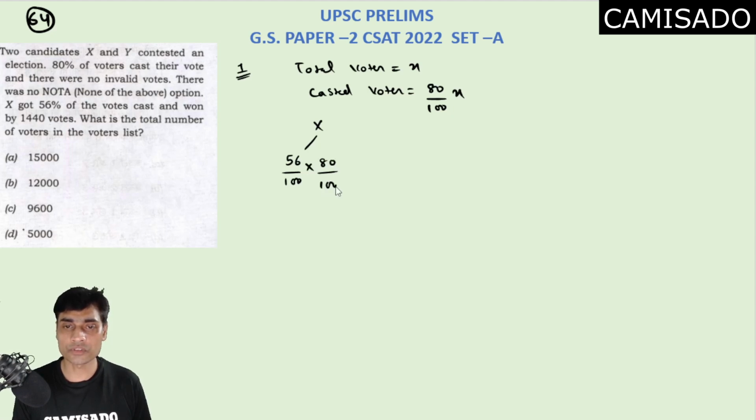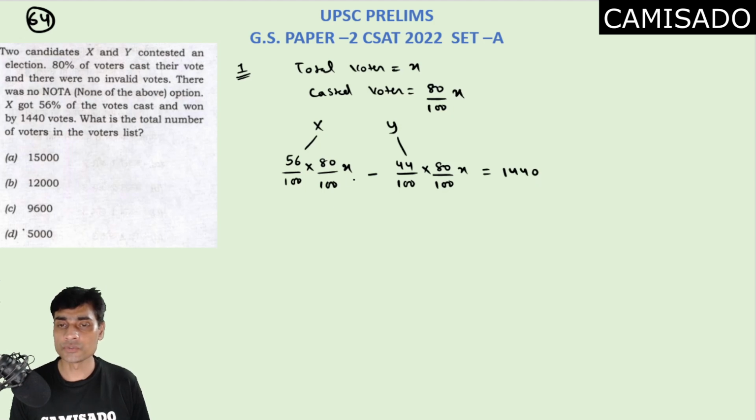And y has got the remaining, so y will be getting 44%, so 44 by 100 of the casted vote. Now the difference of both of them, this difference is 1440.